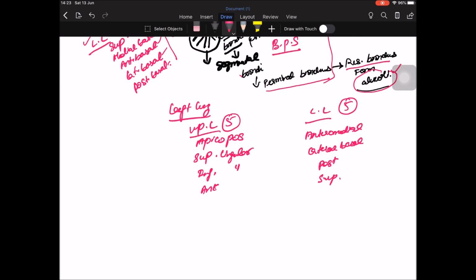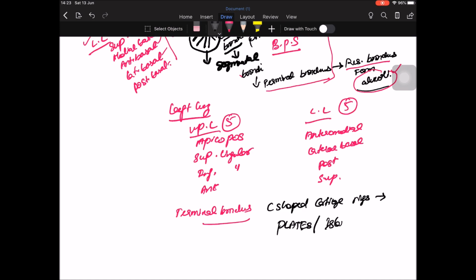So also you have to know that in terminal bronchus the C-shaped cartilage rings are replaced by plates and islands of cartilage.